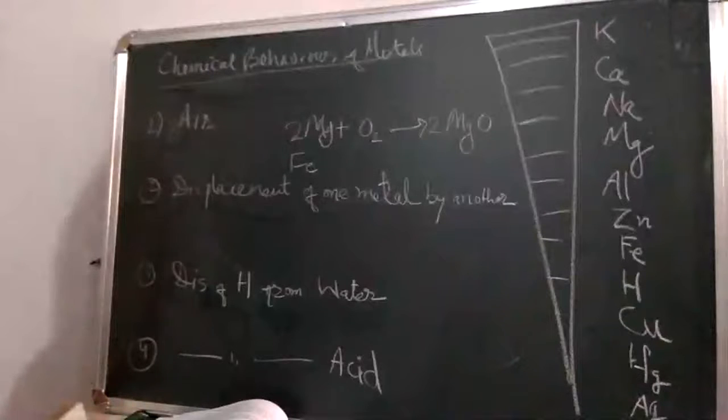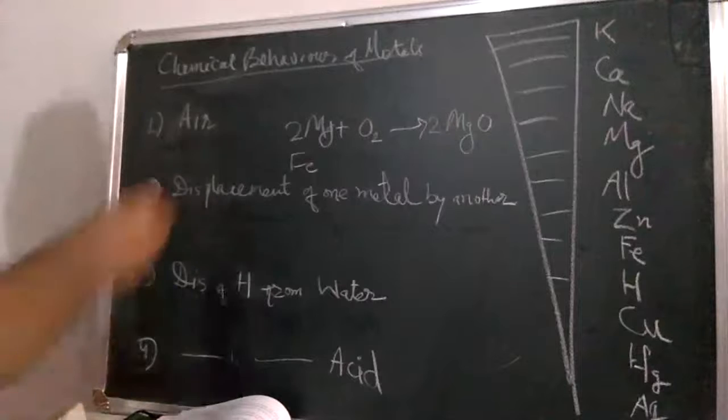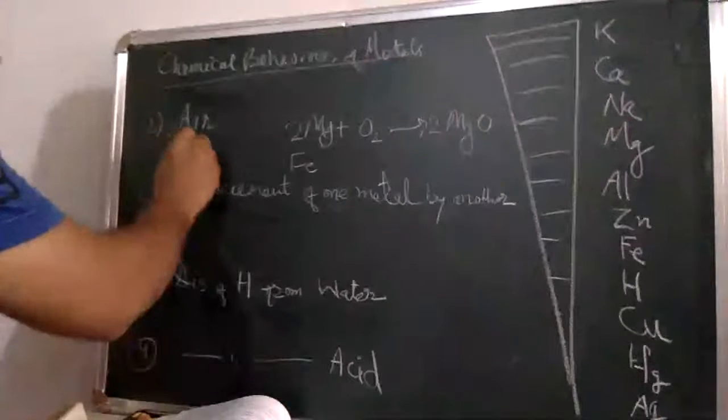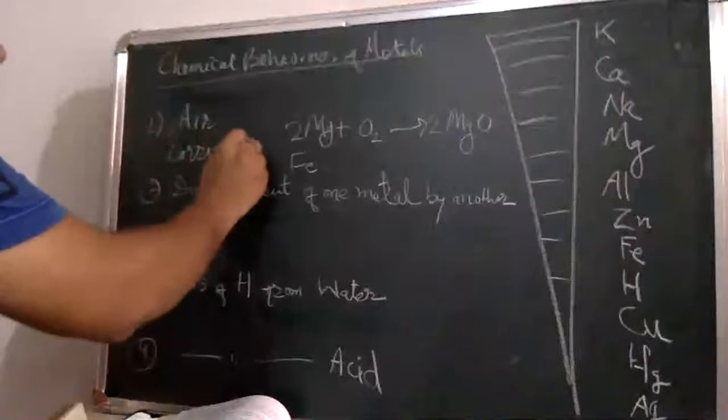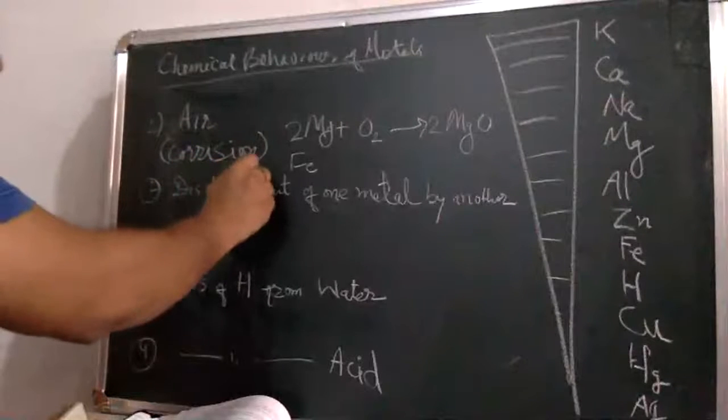So that event, when chemical action happens in the air with the metal, is called corrosion. And rusting is an example of that corrosion.